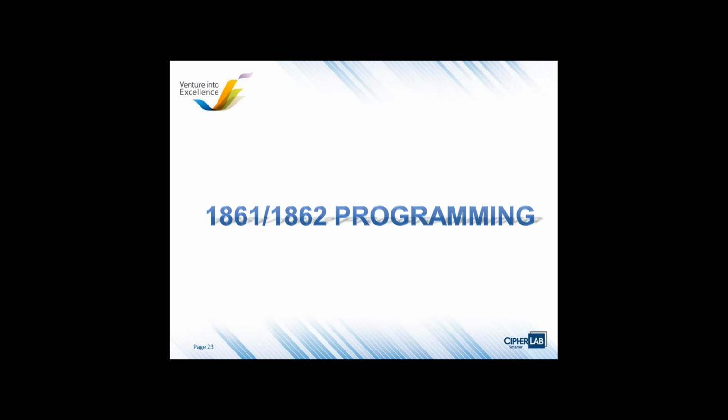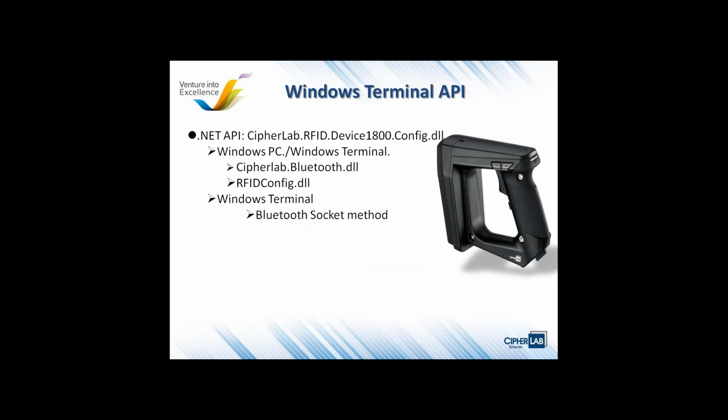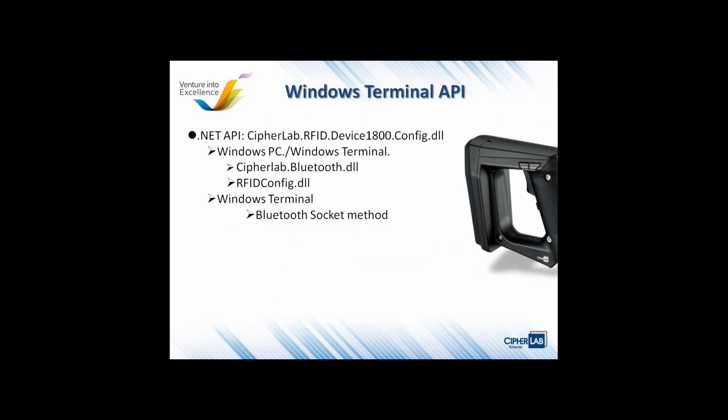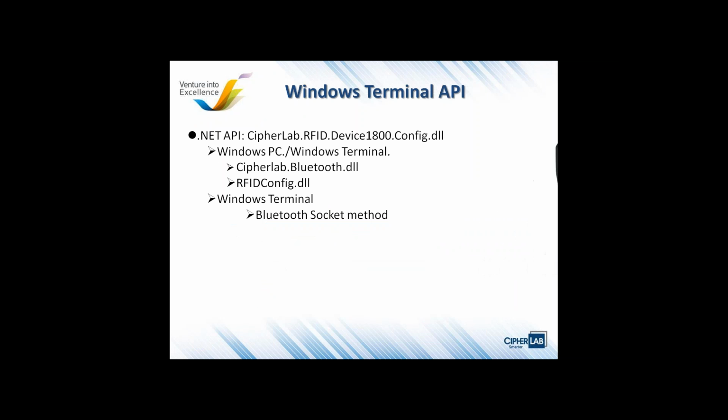The next, I would like to talk about 1800 series programming. There is a Windows Terminal API. There are some customers that will combine our CP60 or CP55 with the 1800 series in their applications.